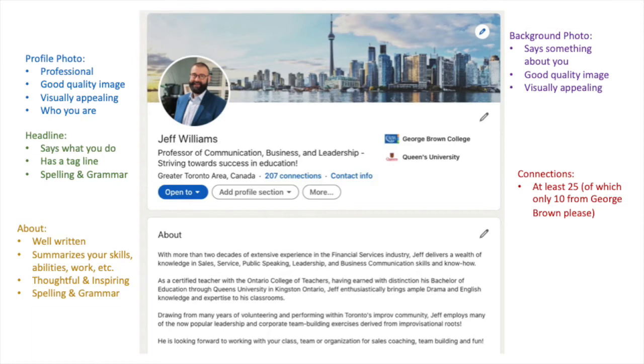I can't tell you how many times I look at a profile and the picture is not discernible. Or worse, they don't even have a picture of themselves. They have a photo of a dog or a bird. This is a professional profile, so it needs to be you.